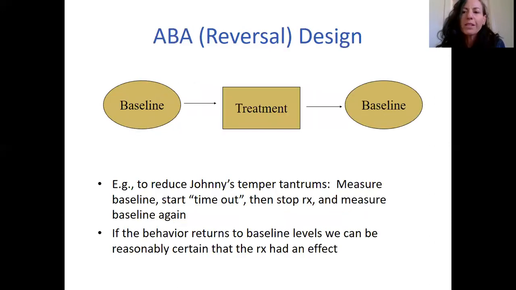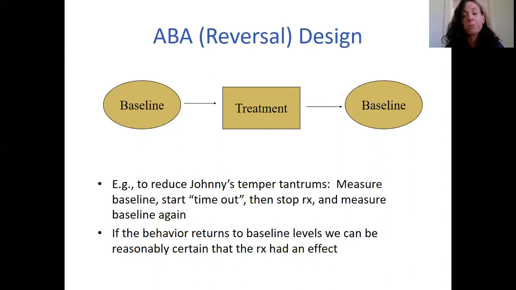Okay, so one of the things you can do to combat this history effect is what's called a reversal design or an ABA design. Remember, A always stands for baseline. So we have a baseline, and then we have a treatment, and then we go back to baseline. So again, to reduce Johnny's temper tantrums, we measure the number of temper tantrums he has without any treatment. Then we move to a treatment, for example, we start timeout for every temper tantrum.